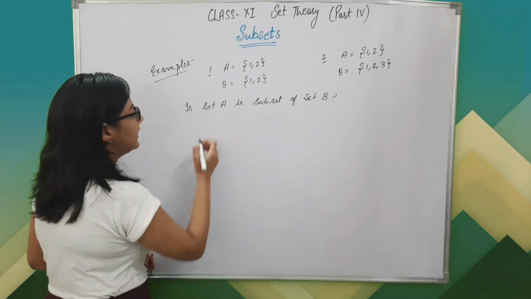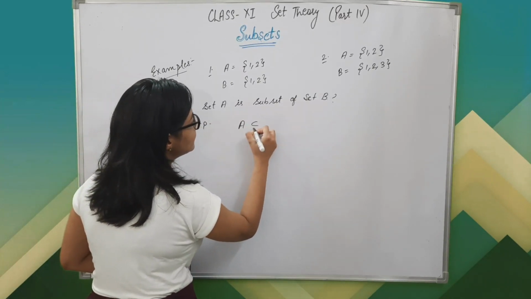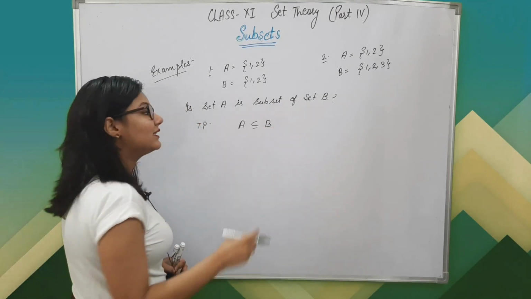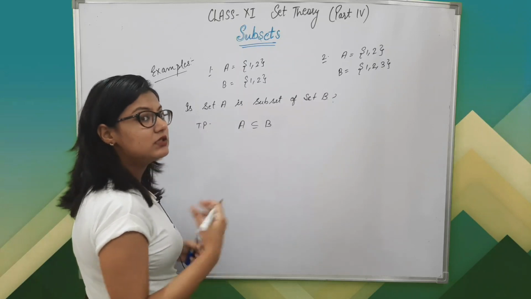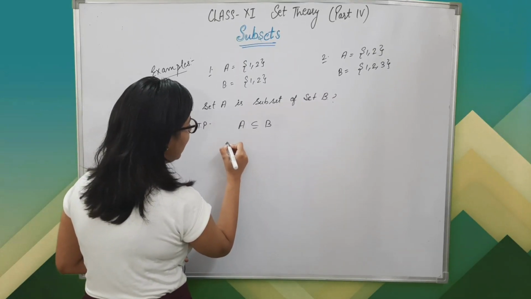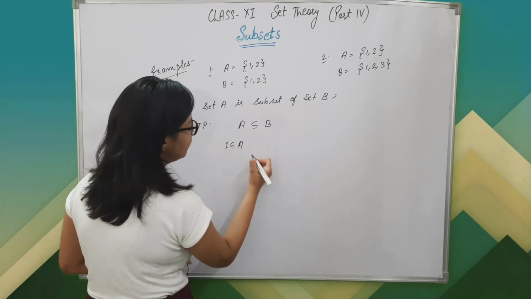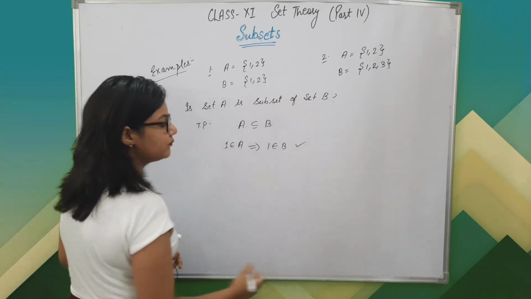First analyze it. You have to prove that A is a subset of B. This is only possible if every element of set A is also in set B. So what do you say? 1 belongs to A, which also implies that 1 belongs to B. Correct.